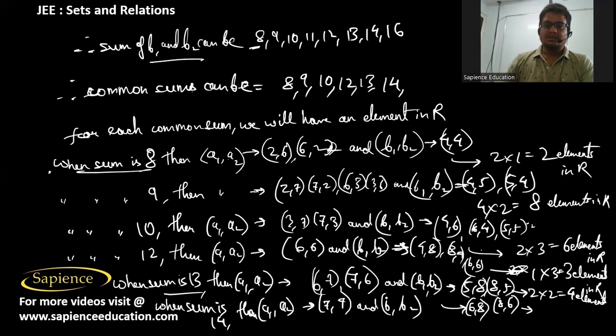So it means it will be 2 into 1, that is 2 elements in the relation R.